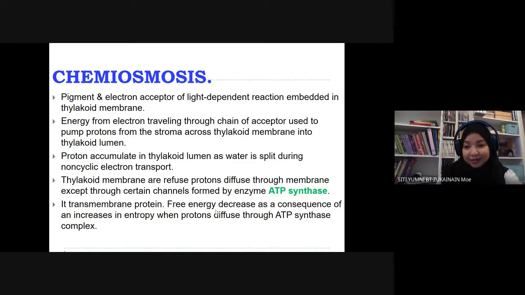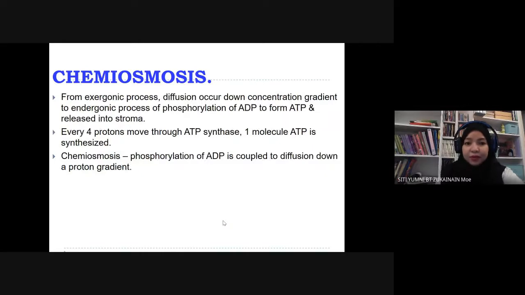Free energy decreases as a consequence of an increase in entropy when protons diffuse through the ATP synthase complex. So from an exergonic process, diffusion down the concentration gradient, to an endergonic process, phosphorylation of ADP to form ATP, which is released into the stroma.